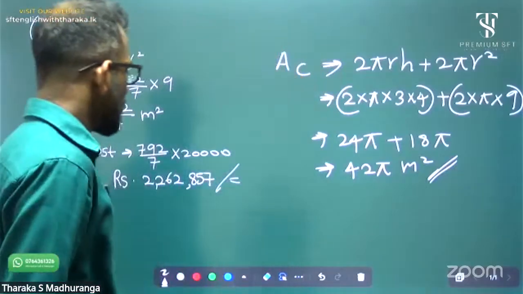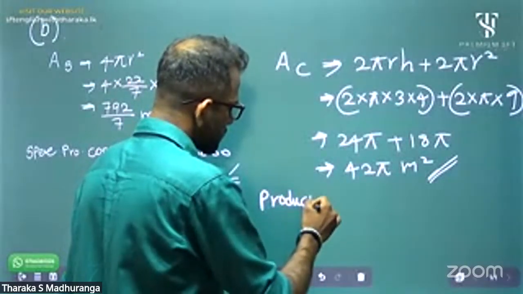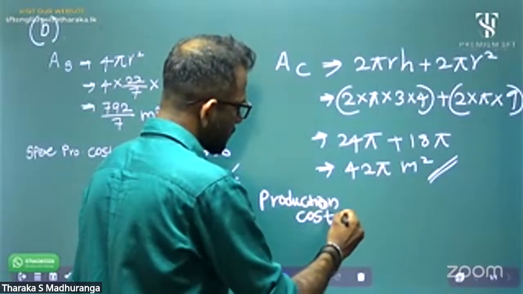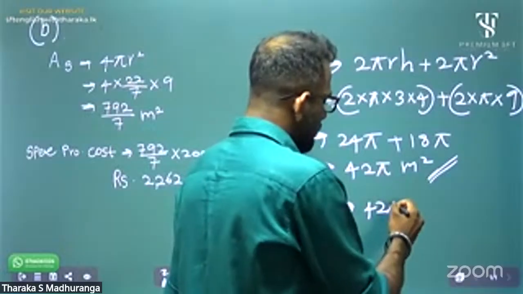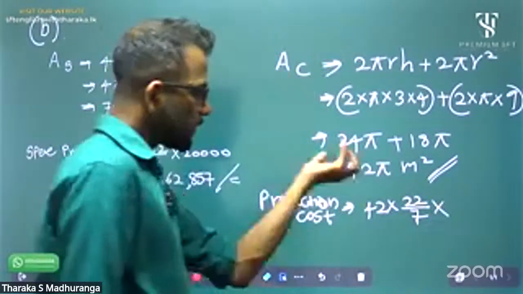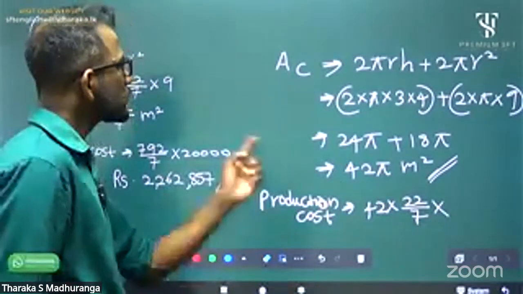Okay, now you can get the production cost. What's the production cost? 42π multiplied by the cost per 1 square meter. What's the production cost per 1 square meter?